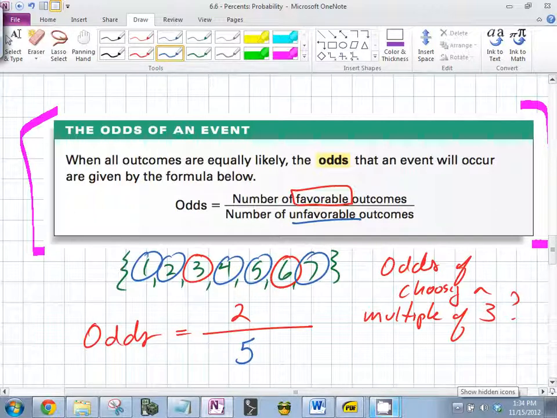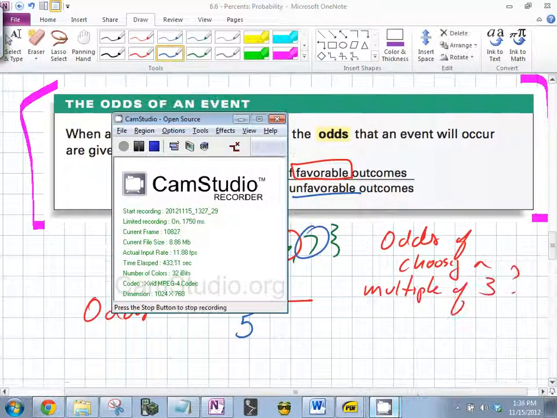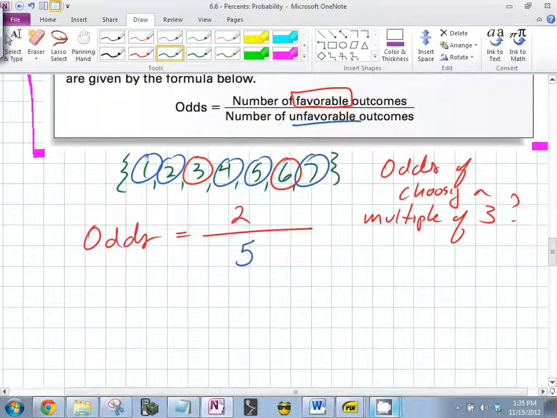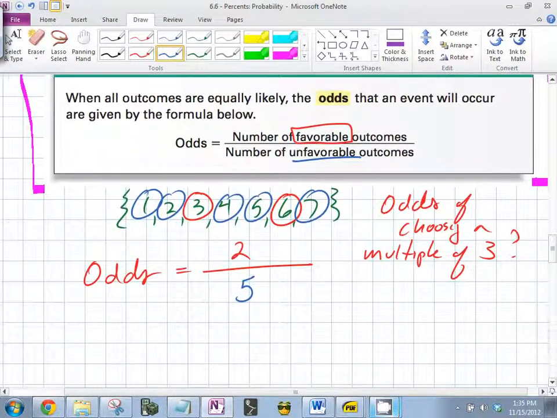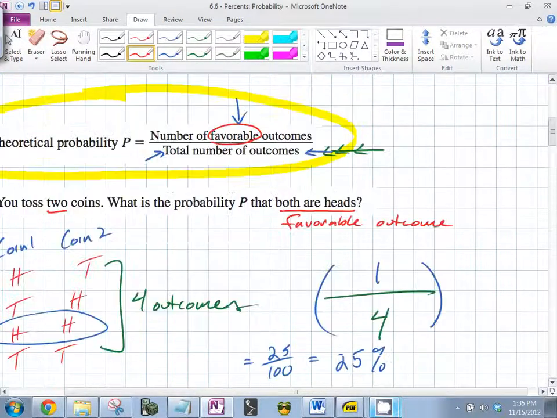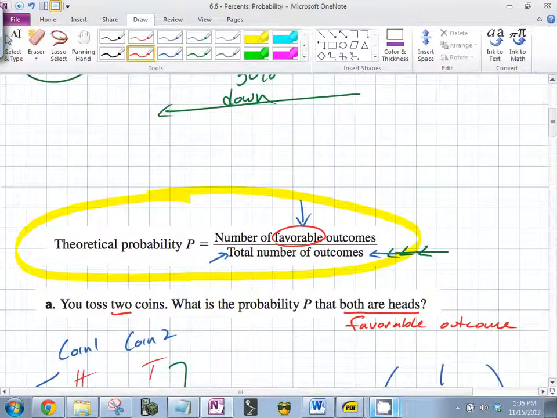So going back to the probability question, the odds that you will choose a number that's a multiple of 3 out of the set is 2 out of 5. But what's the probability that you'll choose a number that's a multiple of 3 out of this set? Remember, that definition is up here. It says the theoretical probability is the number of favorable outcomes over the total number of outcomes.